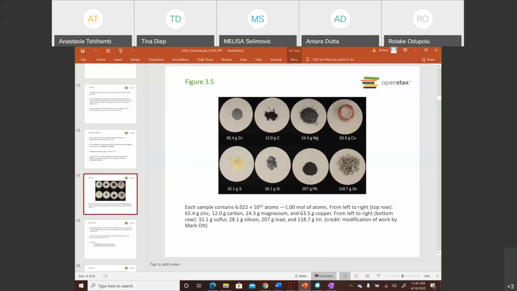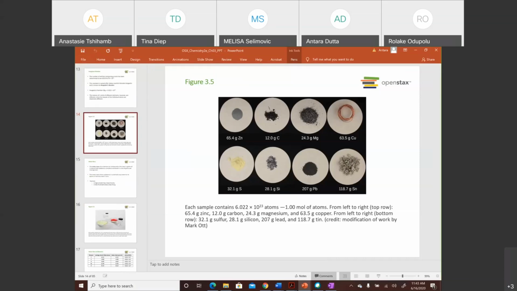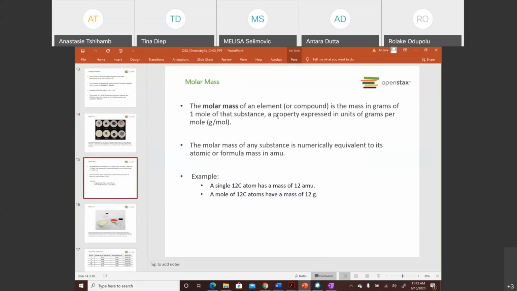Okay, so everybody has the same number of particles, which is 6.02 times 10 to the 23. But they all weigh differently because atoms are different, elements are different. Okay, so molar mass we just understood. Mass in grams of 1 mole of a substance, and the unit is gram per mole.